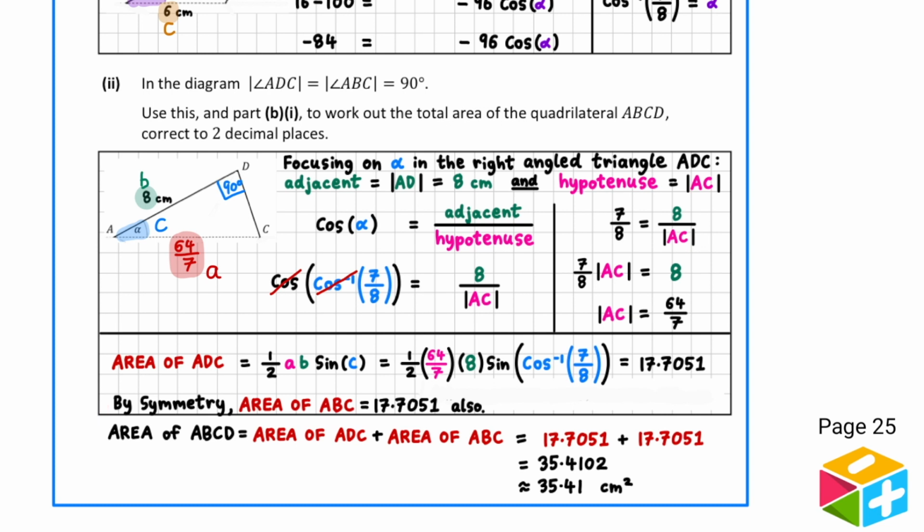To find the total area of the quadrilateral, all we do is add the area of these two triangles. When we perform the calculation and round to 2 decimal places, we come to a final answer of 35.41 centimeters squared.